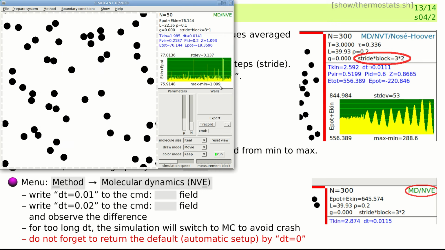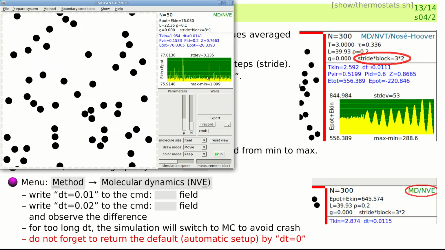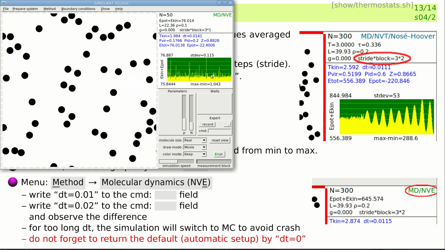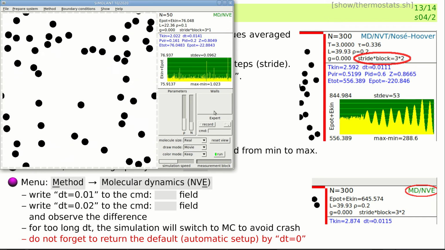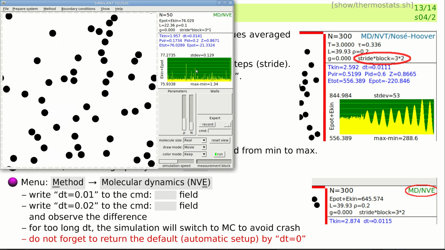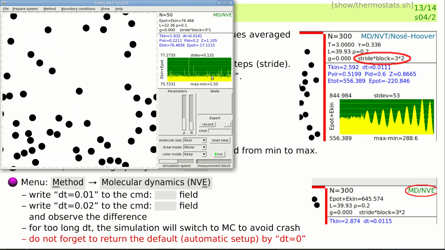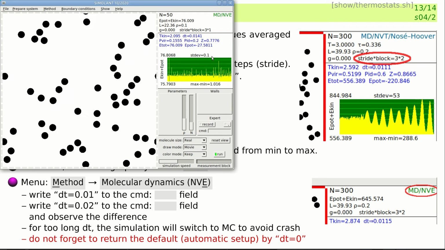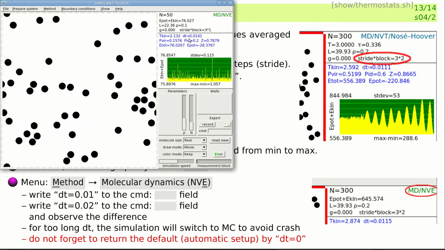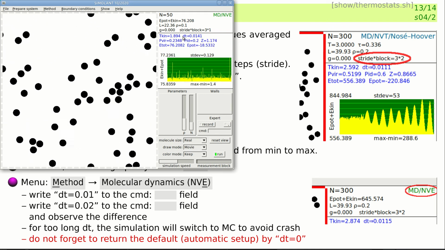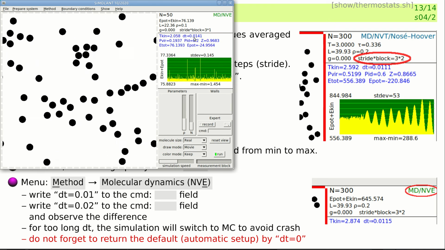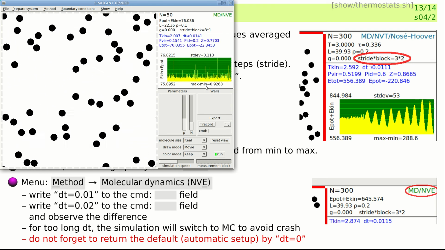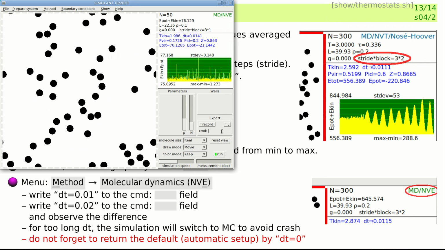Also, this is minimum minus maximum. The graph is always scaled minimum to maximum. So it looks like the energy is pretty constant. There are small fluctuations, they should be, and the system uses this time step which has been set up by certain rules. So let's try to change the time step.